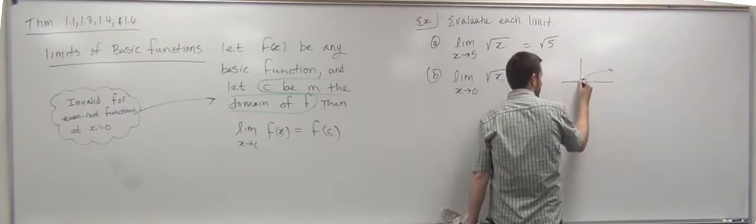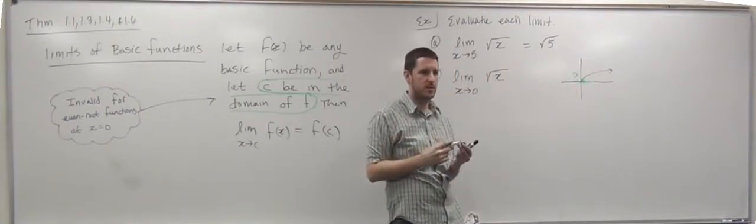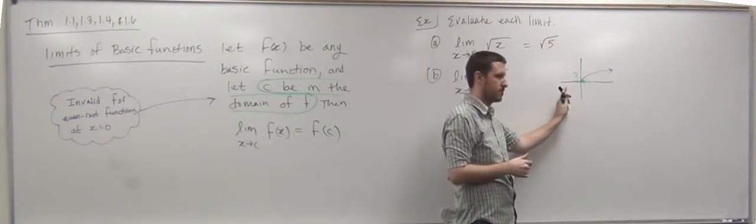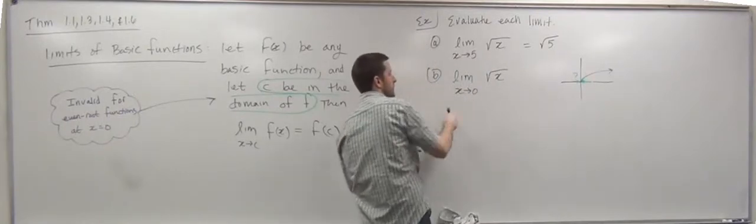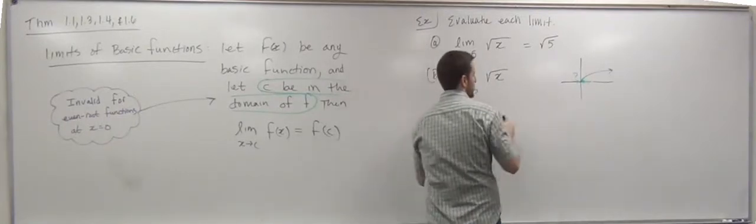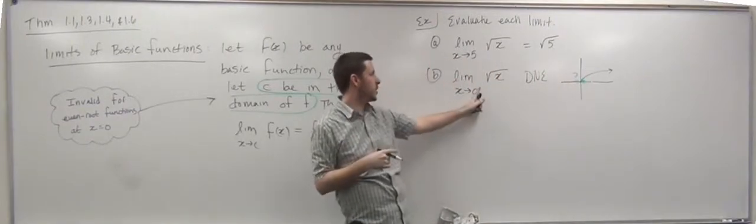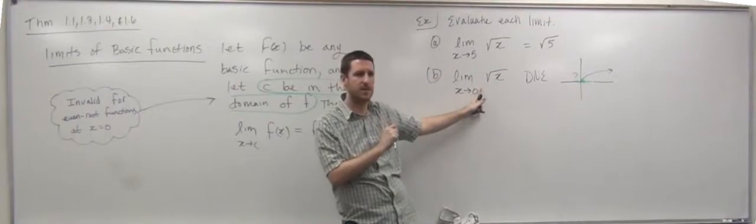But on the left side, there's no function. So the left side x values are not approaching anything. So this guy, what's the answer for this? This is another one of those instances where it would be nice to specify, I just want the right side. You know what I mean?